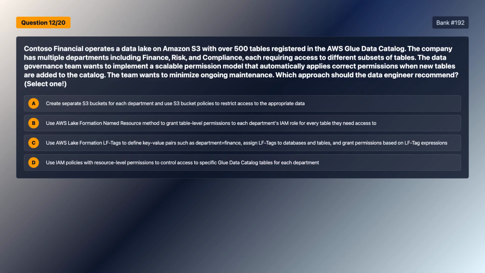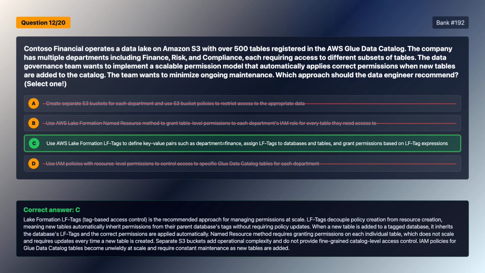The team wants to minimize ongoing maintenance. Which approach should the data engineer recommend? Select 1. Review the answer choices on screen. The correct answer is option C.